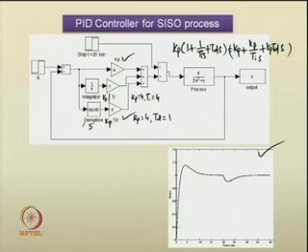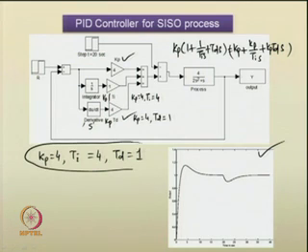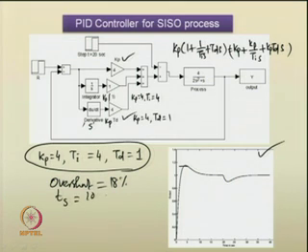Let us try to see how much we get for the choice of Kp equal to 4, Ti equal to 4 and Td equal to 1. When the controller is implemented, the time response we get has some overshoot of approximately 18% and settling time of approximately 10 seconds.